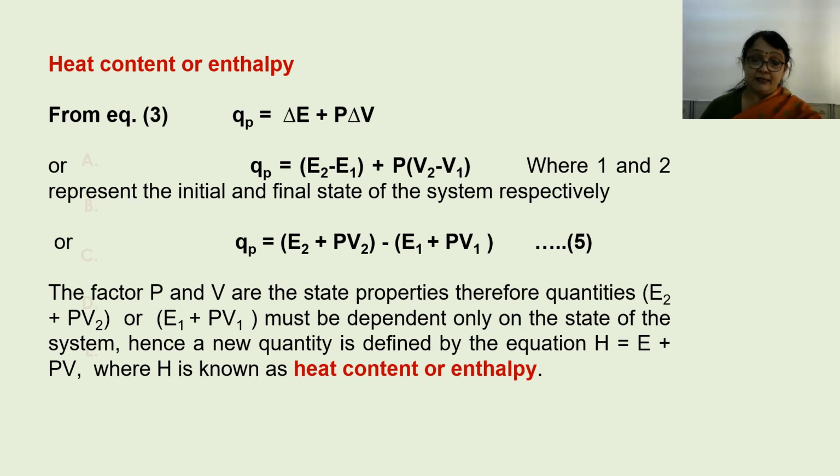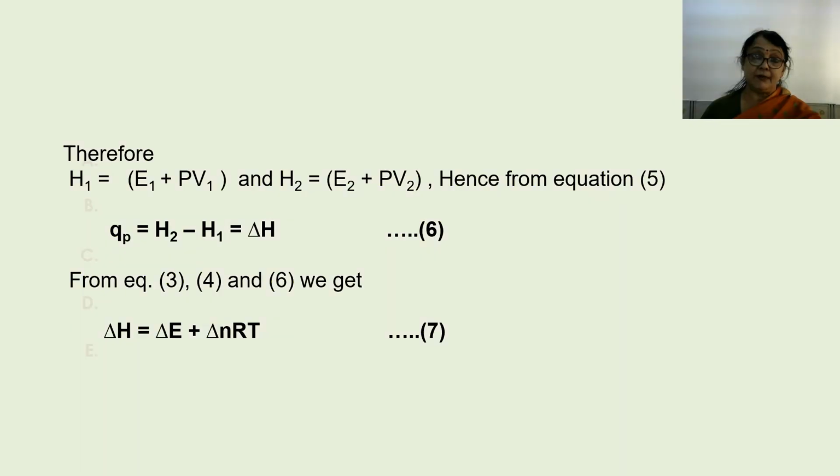This new thermodynamic property, that is the heat content or enthalpy, is also a state variable. Therefore, H1 is equal to E1 plus PV1 and H2 is equal to E2 plus PV2. Hence, from the previous equation, the heat energy at constant pressure is equal to H2 minus H1, the change in enthalpy.